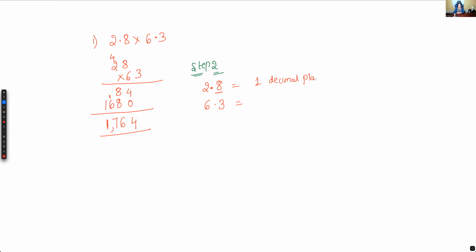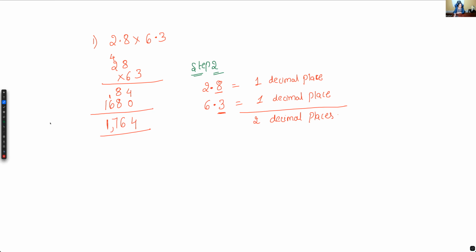Now 6.3, we have again only one digit, so you will write it as one decimal place. When you add them together, we got two decimal places.